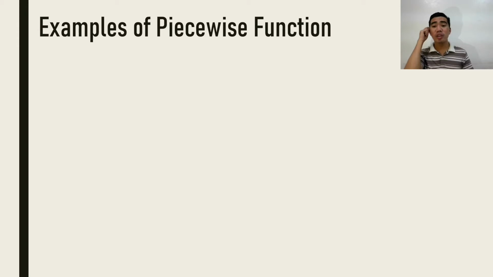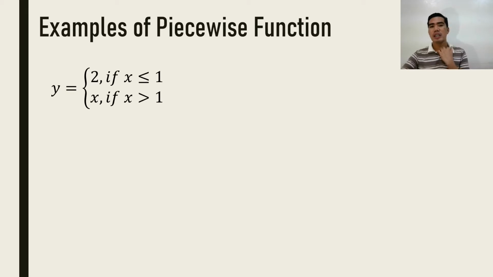Later on, if you try to evaluate, tingnan lang natin kung saan condition na fall ang ating problem. So that's why we have different conditions at the same time different equations. So like this example, we will use these two as our equations, depending on kung saan ma-fall ang mga values natin.